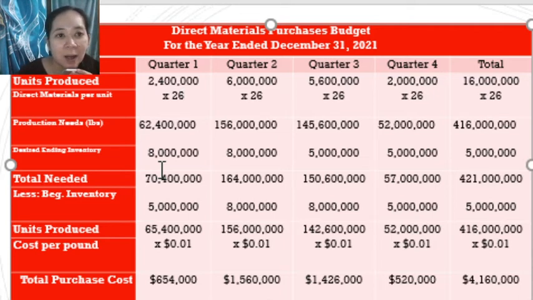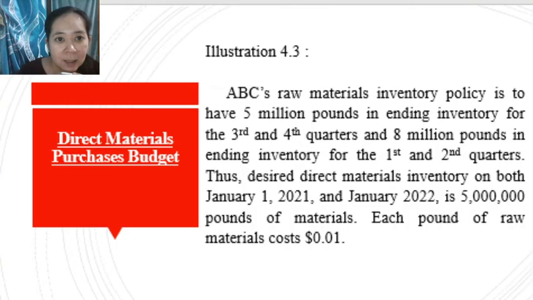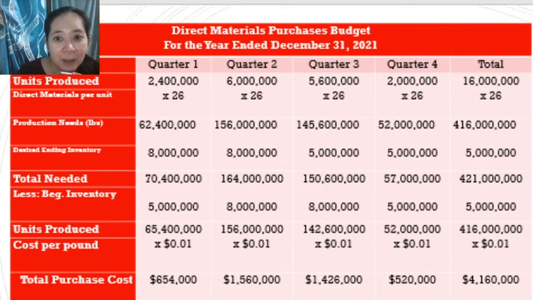Here, our ending inventory, as mentioned in the requirement, is 8 million pounds in the first and second quarters and 5 million for the third and fourth quarters. So our ending inventory for the first quarter is 8 million.